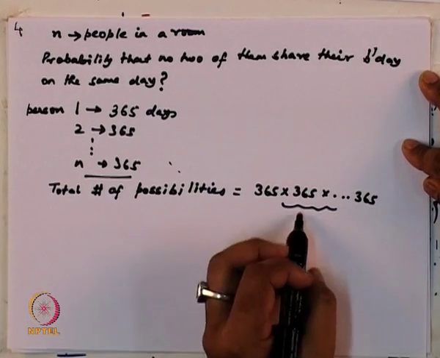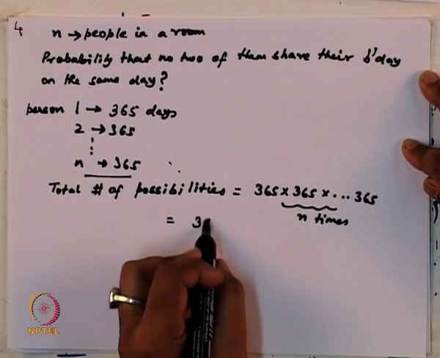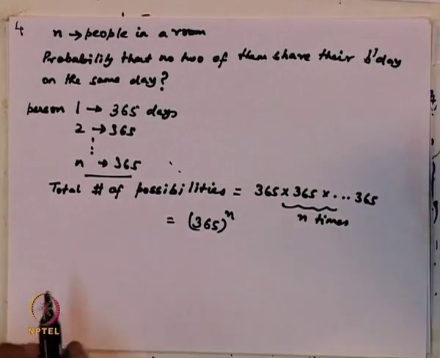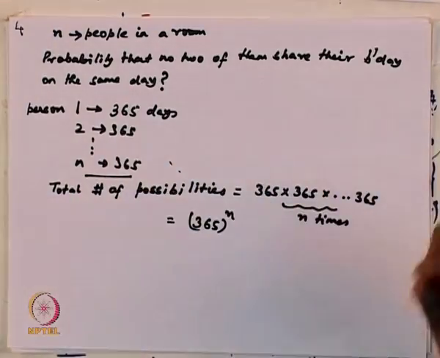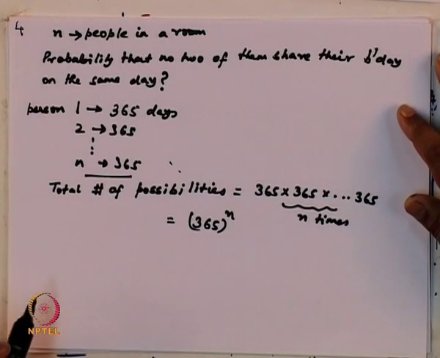This is repeated n times. So, the total number of possibilities is nothing but 365 to the power n. Now, let us come to the question: you want to calculate the probability that no two of them share their birthday on the same day.